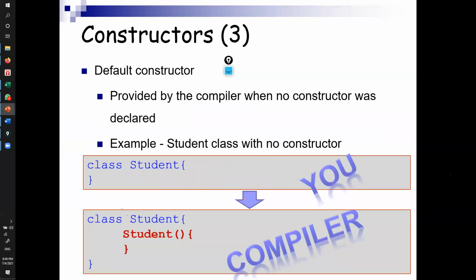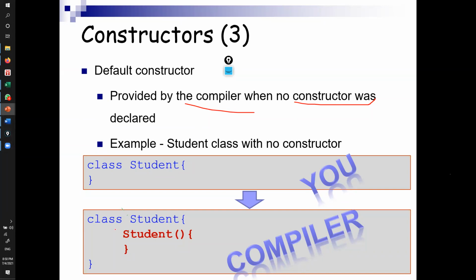And the default constructor is just provided by the compiler when you don't specify any constructor. So if you write a class and you don't declare any constructor, by default the compiler will use what we call a default constructor, which looks like this.